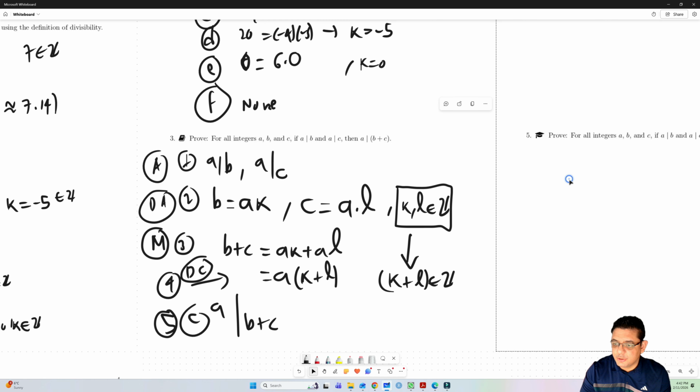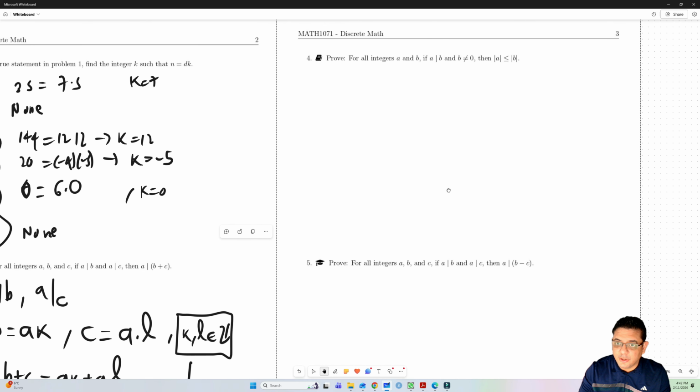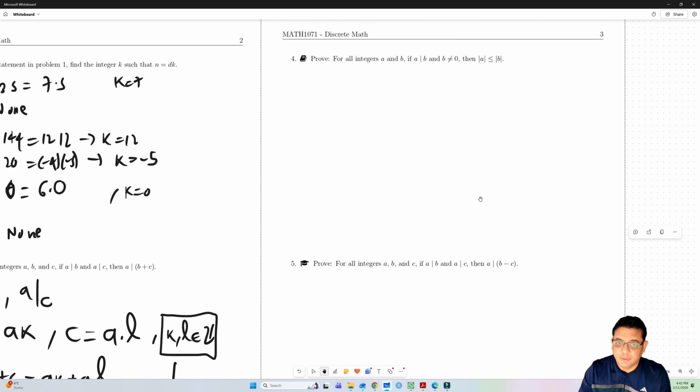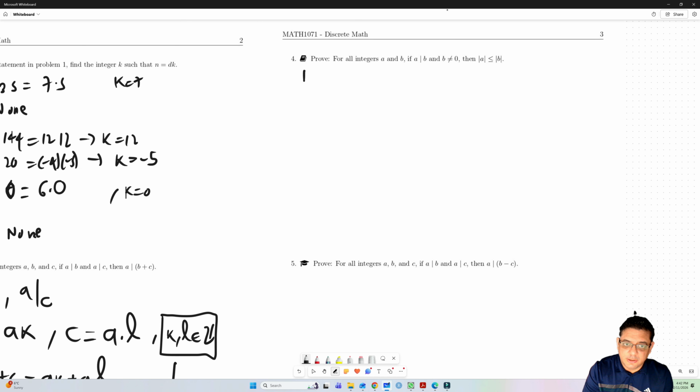Now let's go to question number 4. In question number 4, we're also proving something. We have that for all integers A and B, if A divides B, then the absolute value of A is less than the absolute value of B. Okay? First of all, by definition, step 1, let's state the assumption.